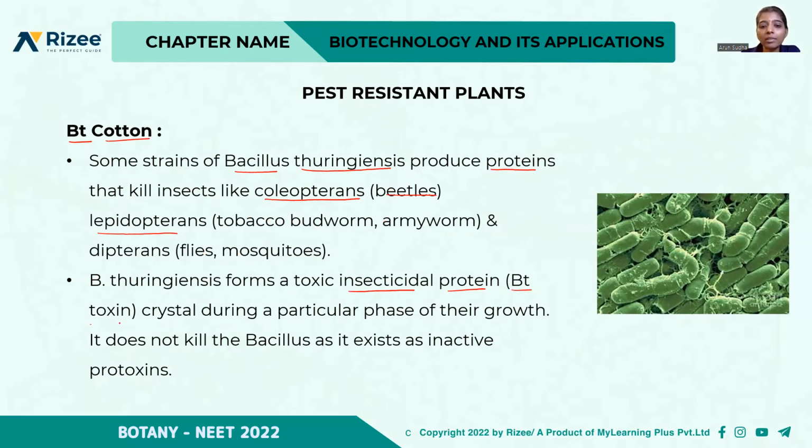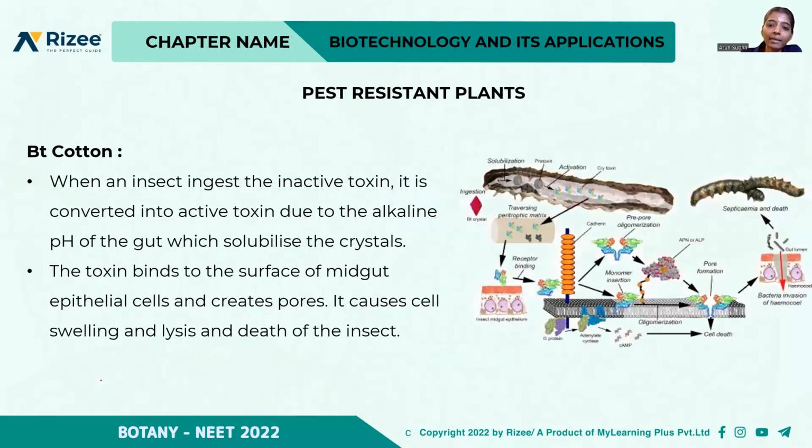BT toxin. They are produced during a particular phase of their growth. But these toxins or proteins do not kill the bacillus directly, because the toxin will be present only in the inactive form, the inactive protoxin.